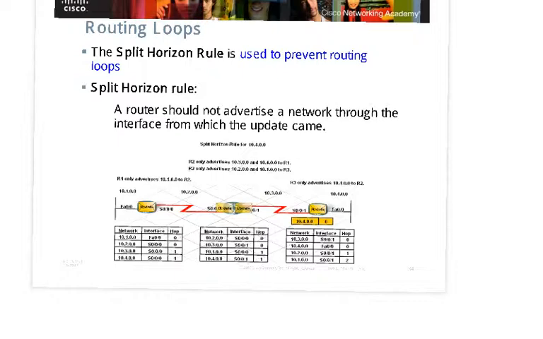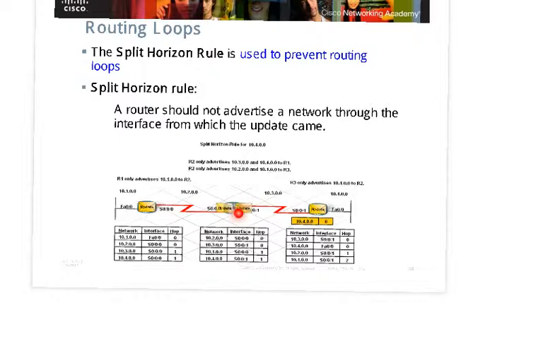So the split horizon rule says very simply, I have to store where the route update came from, and then when I send route updates, I will send only to the routers that did not give me this route update initially. Which means that when router 2 sends a route update to router 3, it will not send a route update about 10.4.0.0.